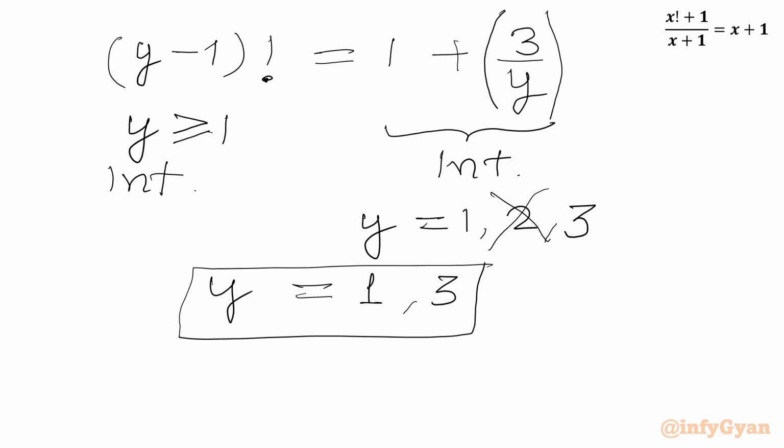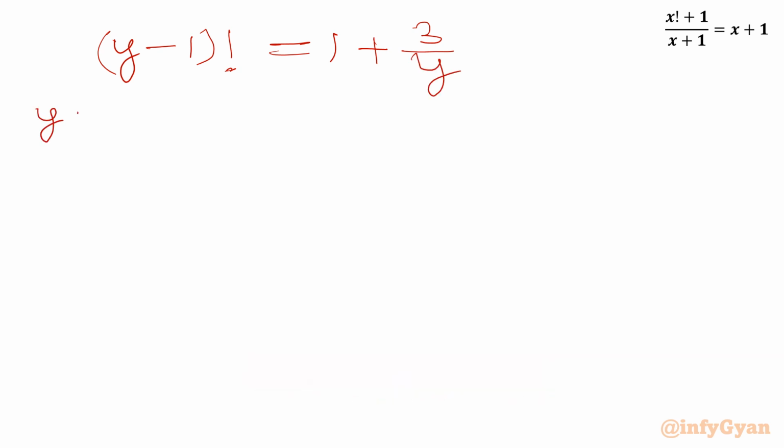Now we have to cross-examine which value is true through this equation. So if I plug in y equal to 1, let me write here (y minus 1) factorial equal to 1 plus 3 over y, for y equal to 1 and for y equal to 3.